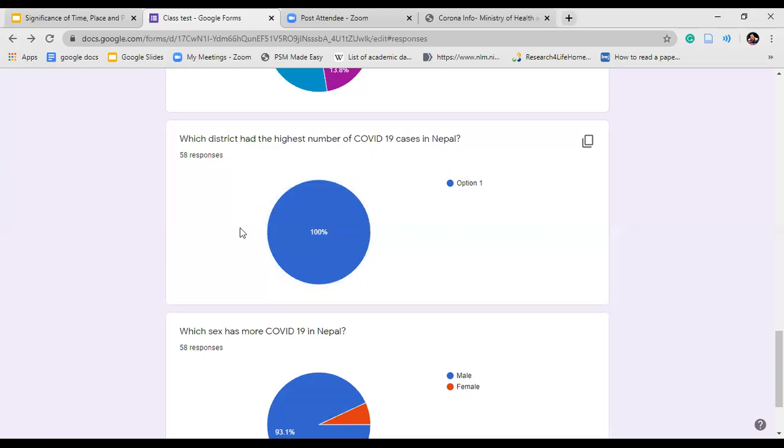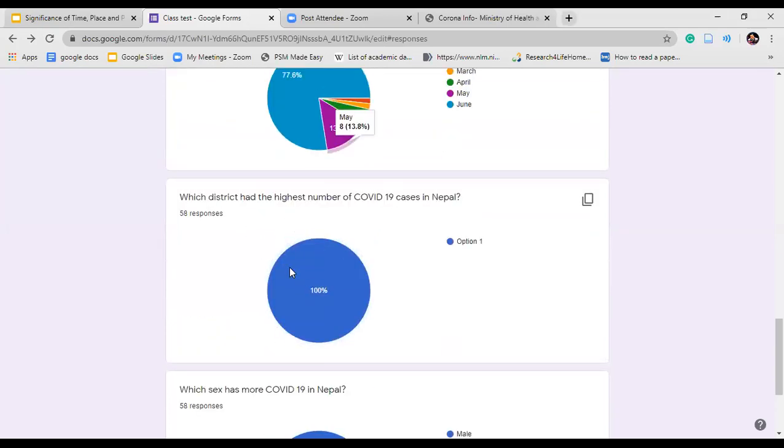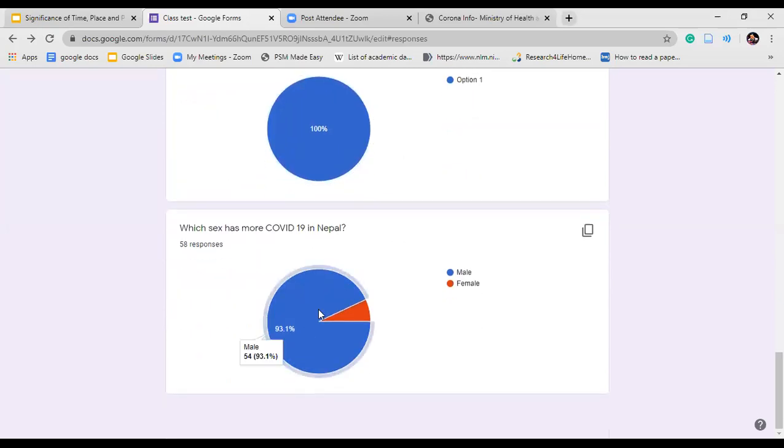So if we have options, we can find different districts here. This is time, this is place, and the third one is person. Sex means male or female. This is a person variable. So you said 93.1% male and 6.9% female.